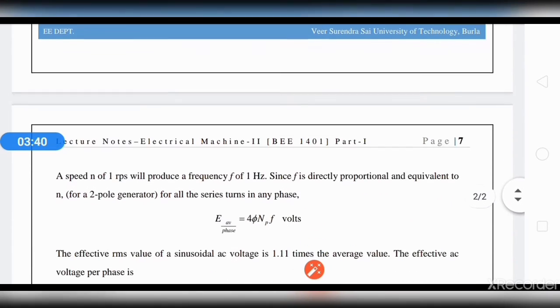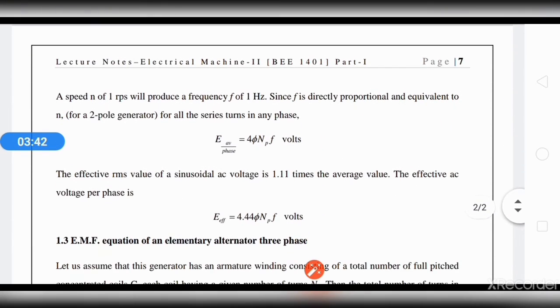So a speed of 1 RPS will produce a frequency f of 1 Hz.